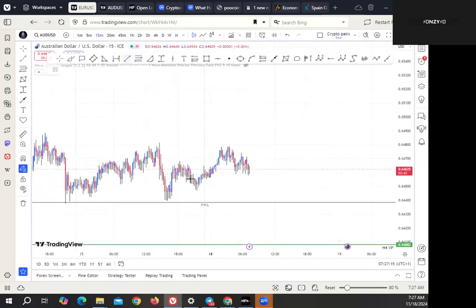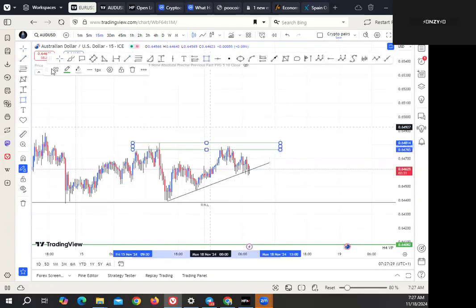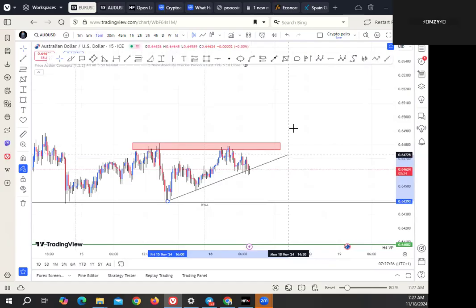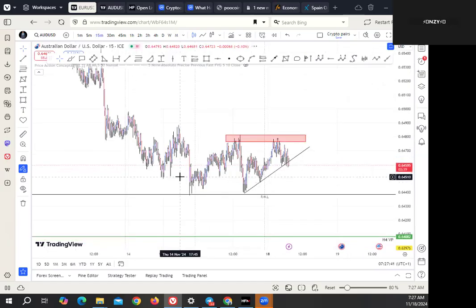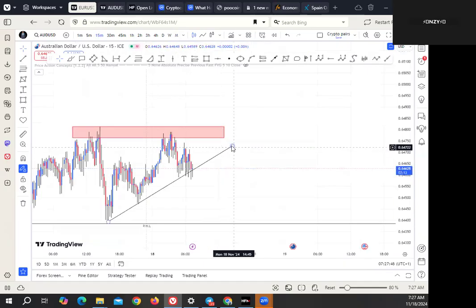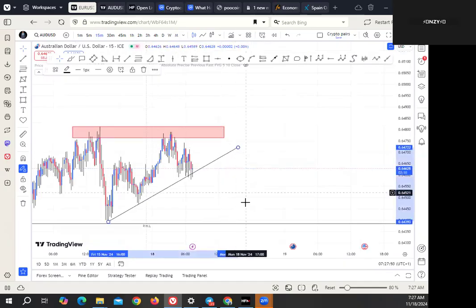On the 15 minutes time frame, this is a counter trend line. So chances are if the market breaks this counter trend line, you see more drop on AUD USD. So watch out for that.